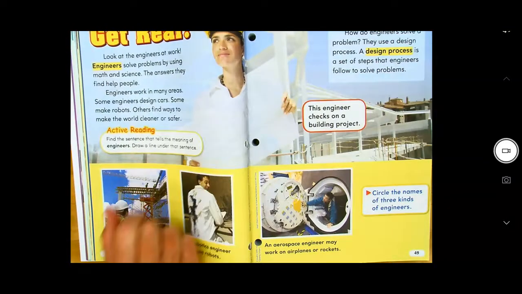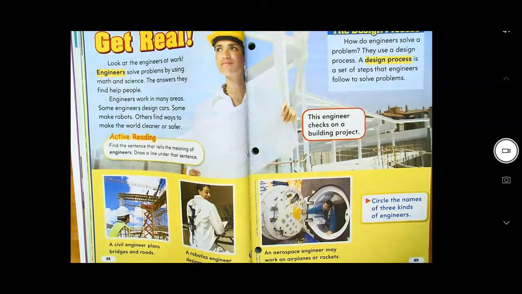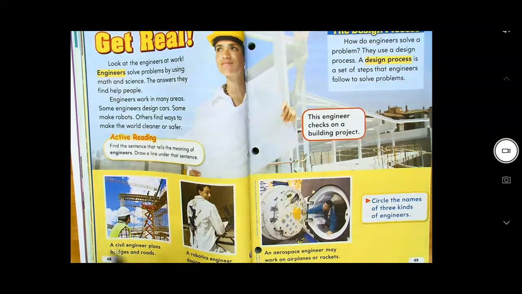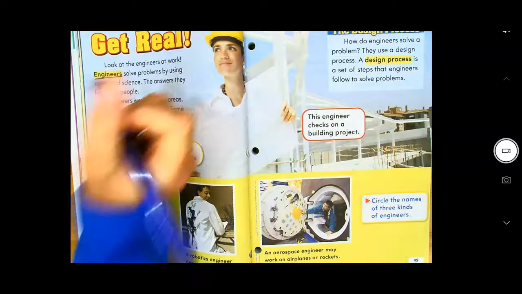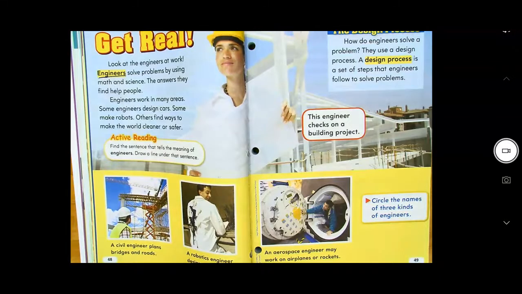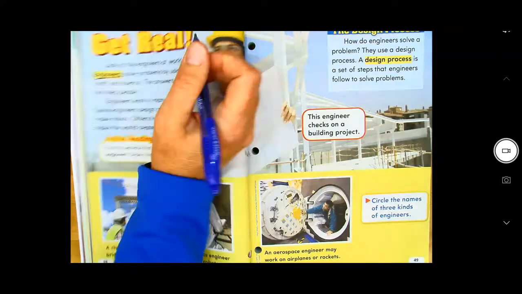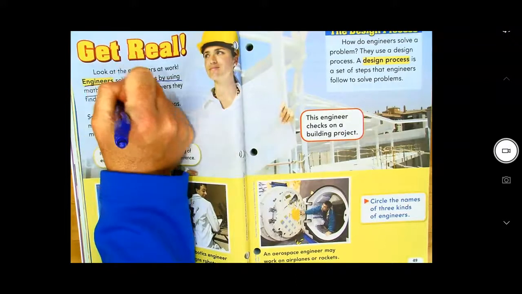Draw a line under the sentence. So we see our vocabulary word. It's highlighted, so our vocabulary word is engineers. In which sentence does it say what an engineer is? Exactly. Engineers solve problems by using math and science.